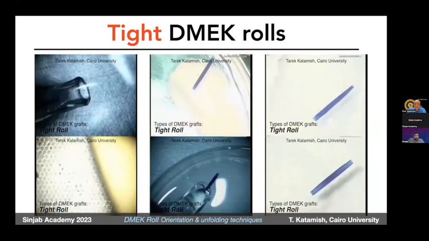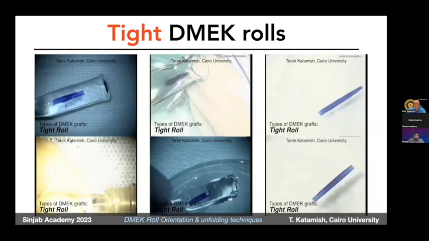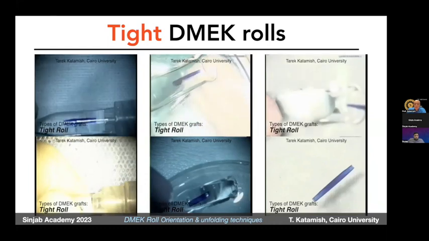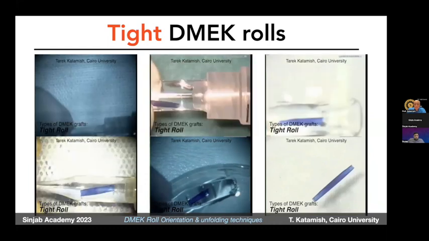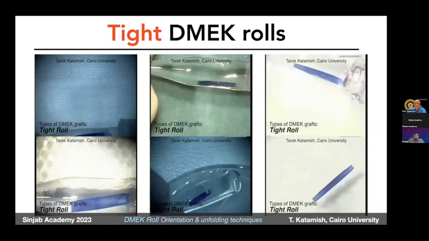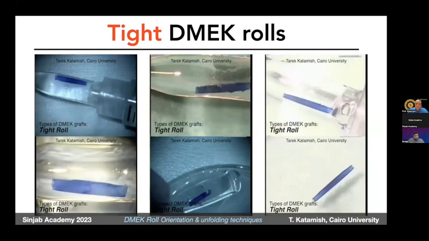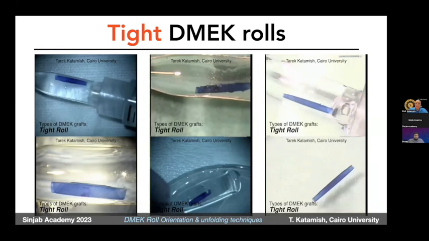So I always advise beginners in DMEK to start with a donor age not less than 60 years. These different types depend upon the amount of elastic tissue in this membrane.